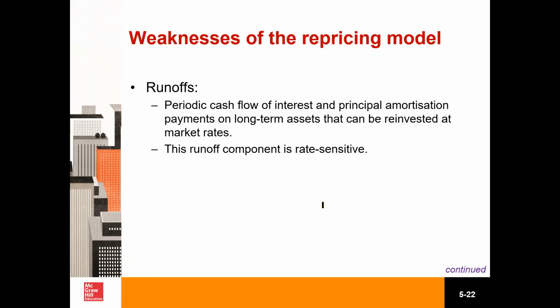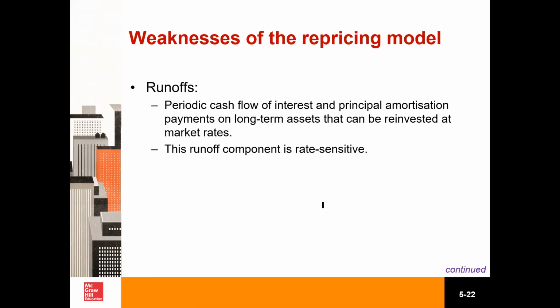For example, if it's a 10-year fixed rate loan bucket, we assume that all the loans will be maturing in 10 years. However, some of those loans may have already passed 5 years, so only 5 years are left. So they will be maturing in 5 years' time, whereas some other loans may be maturing in 6 years, 7 years, 8 years, or so on.